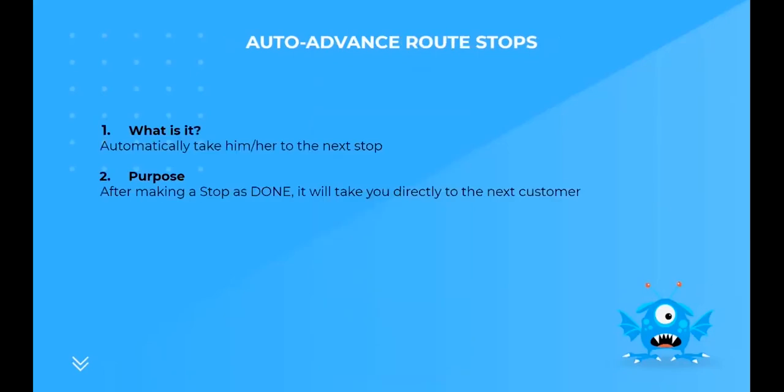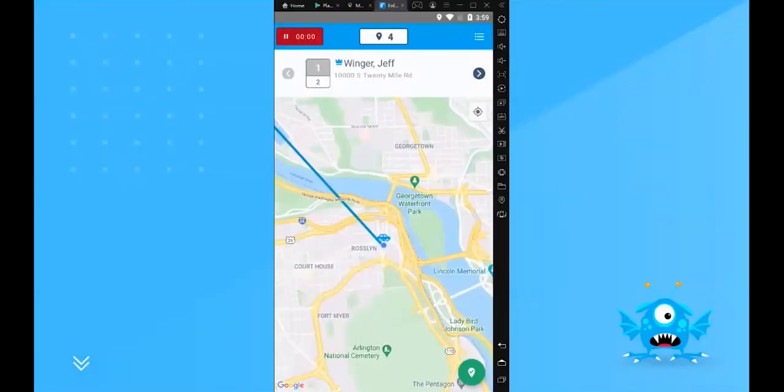This next set of settings is called the Auto Advanced Route Stops. What it does is automatically take you to the next stop. So after making a stop and marking it as done, it will take you straight away to the next customer. So this is how the advanced route stop is going to work.